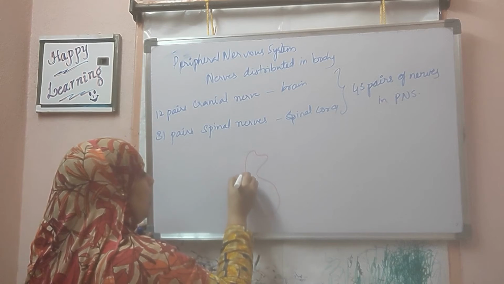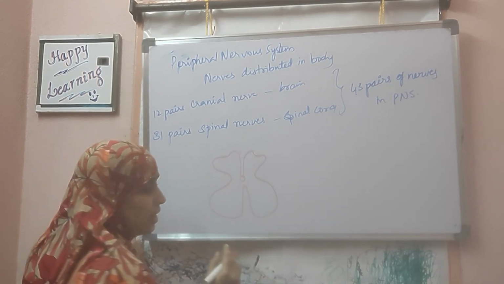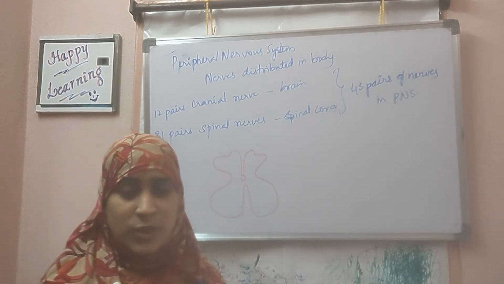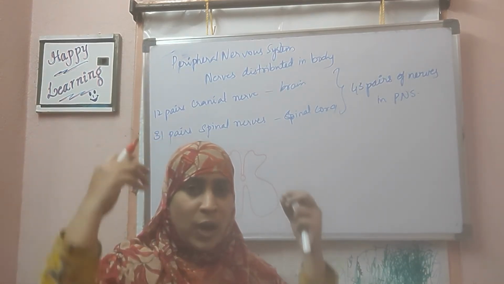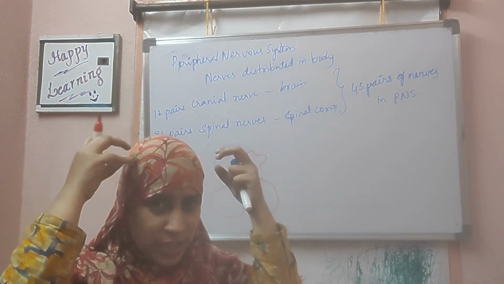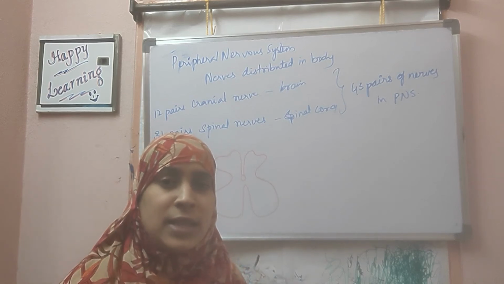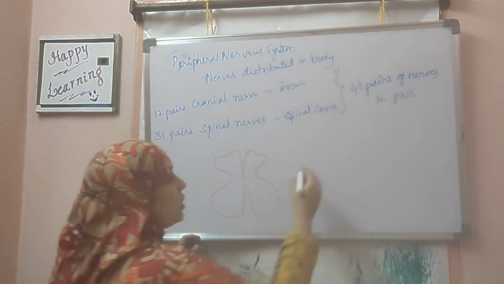Unlike in the brain, where the grey matter is towards the periphery and white matter is towards the center, we discussed why: all the cell bodies are in the outer region, that's why it is grey there, and all the white axons are present inside. But in the spinal cord, it is not like that.